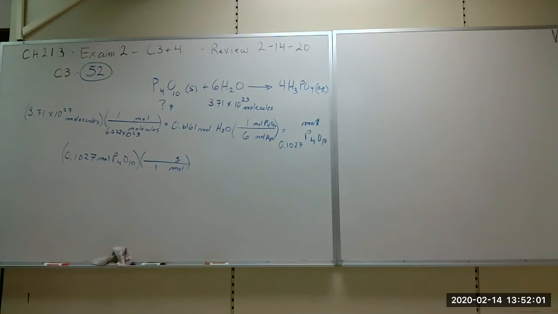Let's see, we're going to have to do some calculating. 30.97 for P, so it's 4 times 30.97, and then 10 times 16 for oxygen. That's 160 for oxygen and 30.97, so I get 283.88 grams per mole for P4O10.